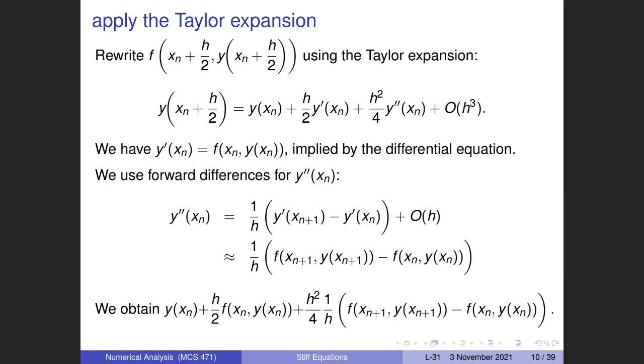So we do the Taylor series. We want the first three terms, so we want an order 3 method. We want to go one step farther, and then we apply forward differences to approximate the second derivative.